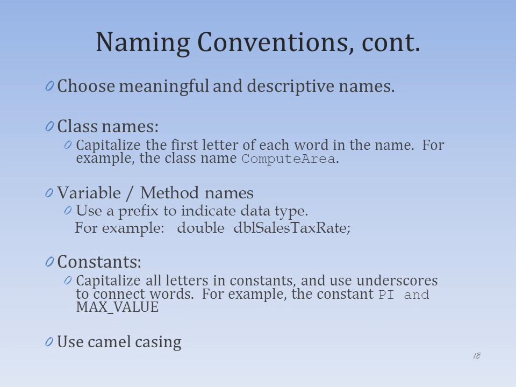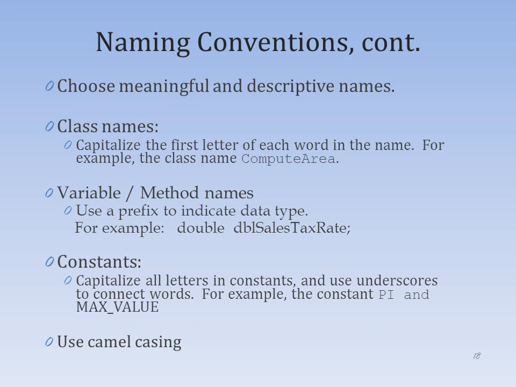Methods, the only method that we have used so far is the main method. Right? We haven't really explained that as a method, but it is. It adheres to the same rules. It starts with a lowercase, and if we had multiple words, we'd use that camel casing.